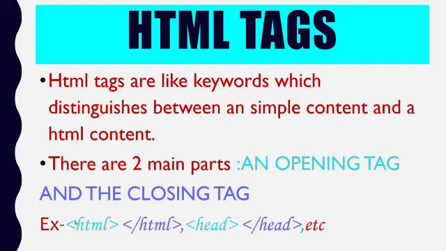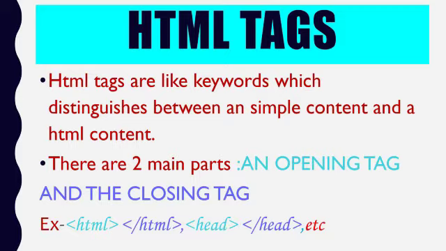Over here you can see I'm showing you where my cursor is. This is written as HTML, which means it is the name of the tag. Now these two are known as angular brackets. You can find them on your keyboard in the last row of alphabets, next to the M letter.